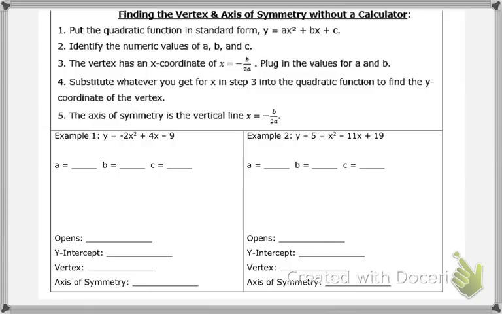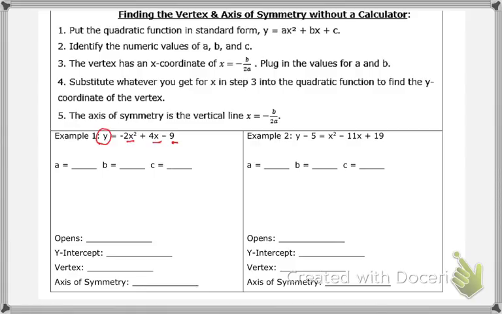Next, we're going to see how to find the vertex and axis of symmetry when we are given the equation of a parabola. So the first step is to put our quadratic function into standard form, y equals ax squared plus bx plus c. Looking at example 1, I see that my y is isolated, and then it is in the form of x squared, x, and then my constant.